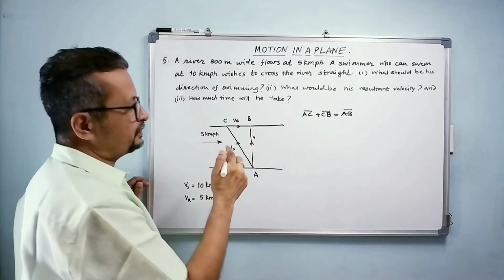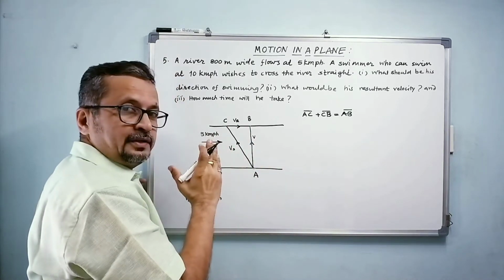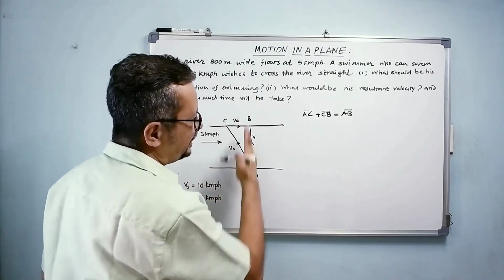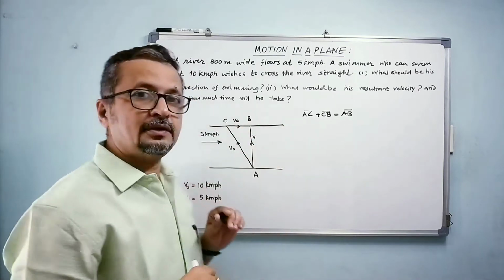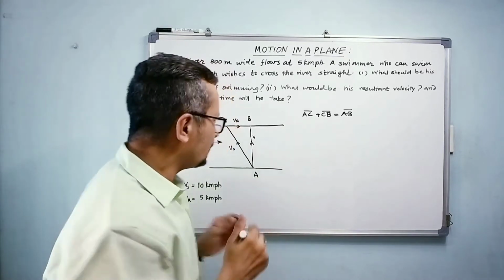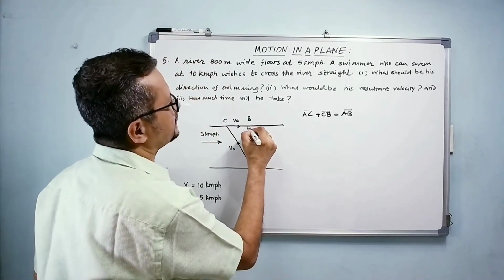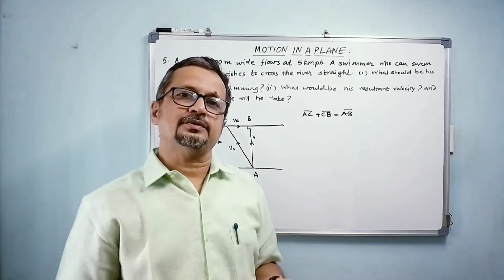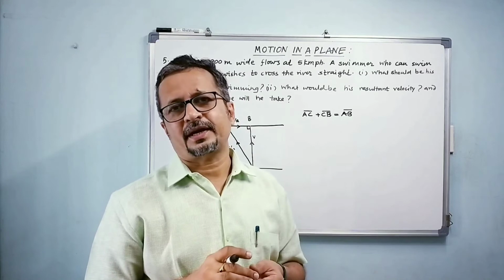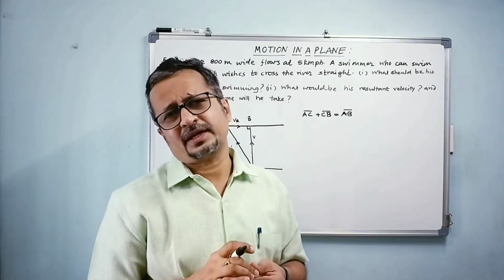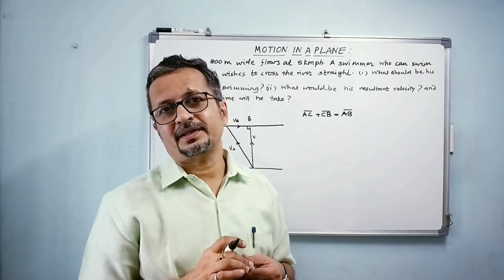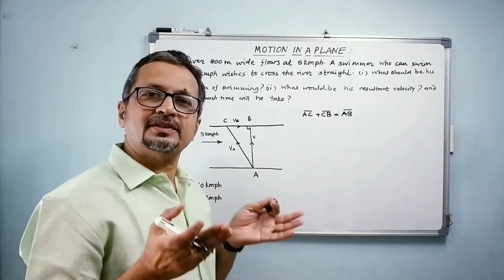Now here, if you see, he is going straight on the opposite bank, correct? So this AB is perpendicular to the line of flow of river, so obviously this is 90 degree. We can use parallelogram law of vector addition, or maybe triangle law, or even you can make use of sine rule and cosine rule over here, but using Pythagoras would be the simplest thing to do.